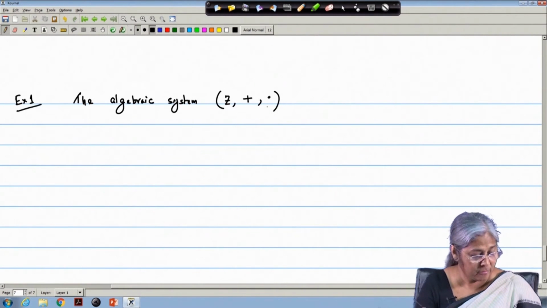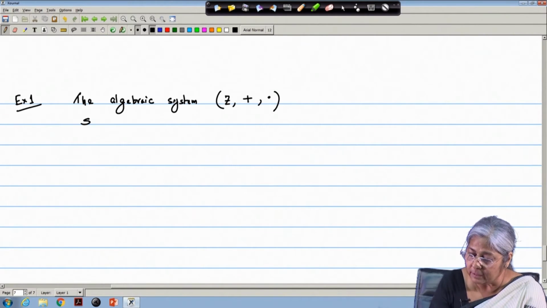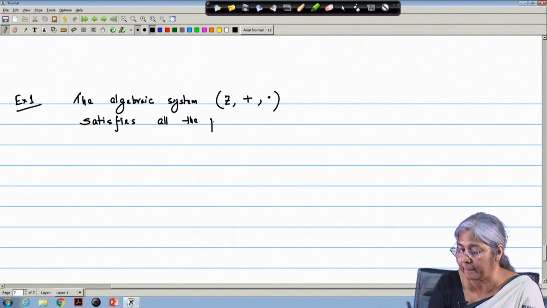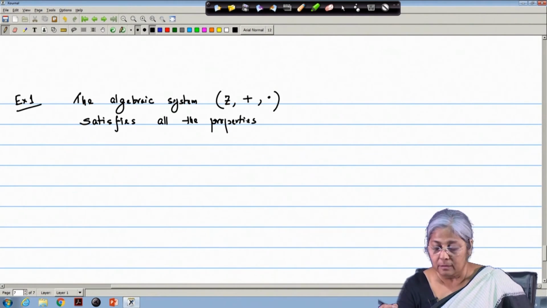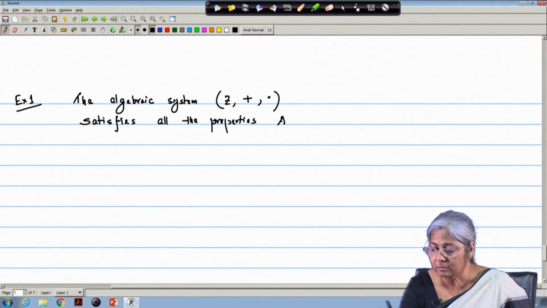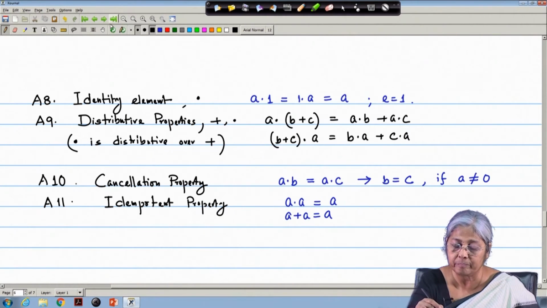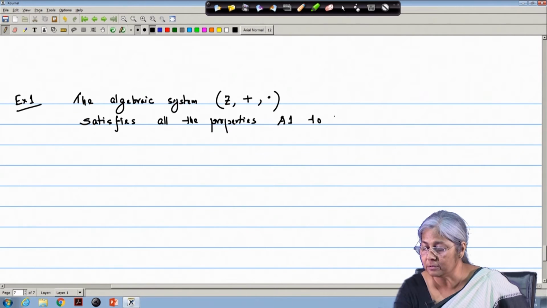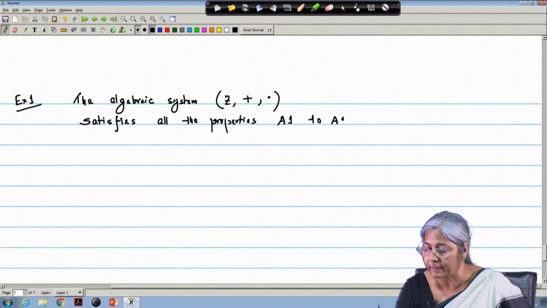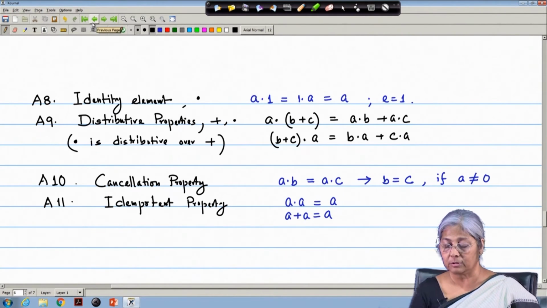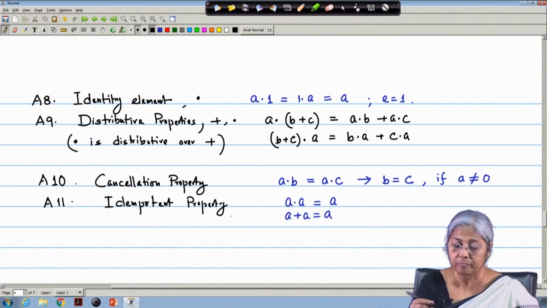Now, we can see that this algebraic system satisfies all the properties A1 to A10, but not the idempotent property.